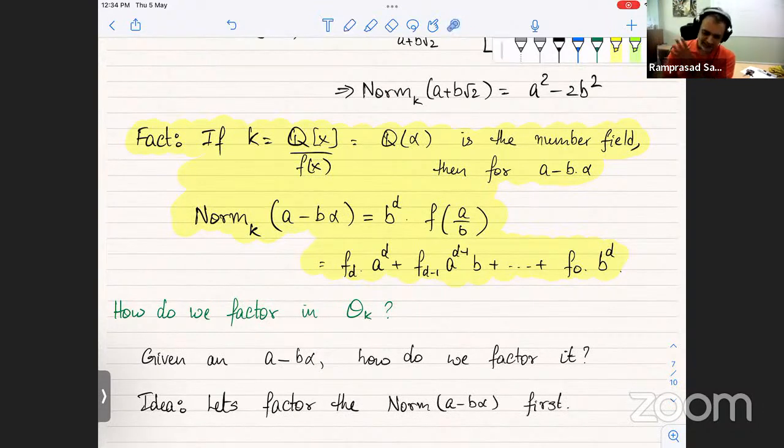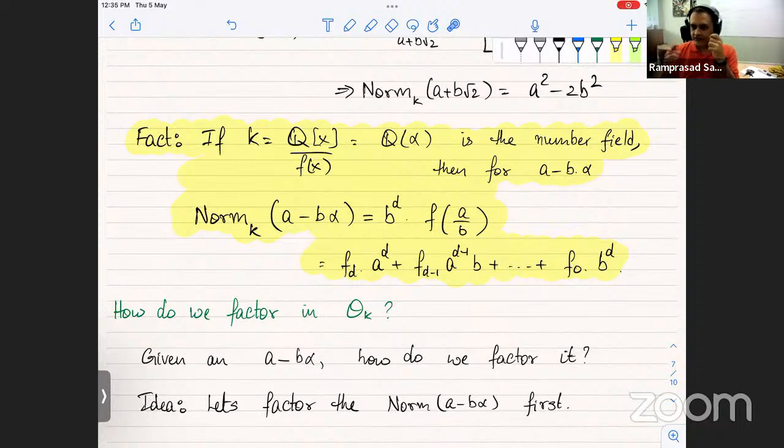So here is the thing. I want to factor this number field element. Suppose I compute its norm and I get to know that the norm of this is, let's say, 15.